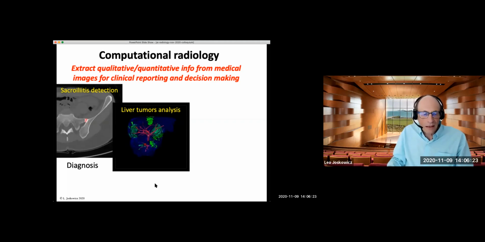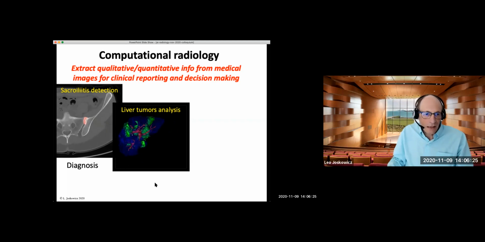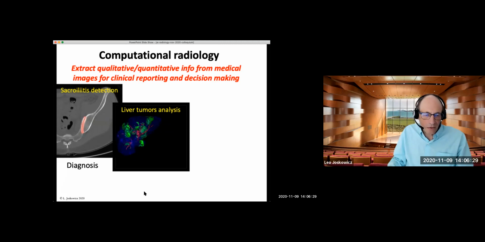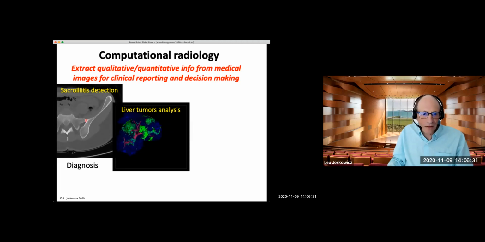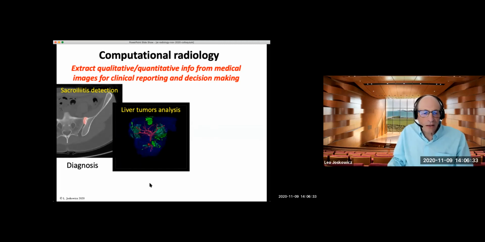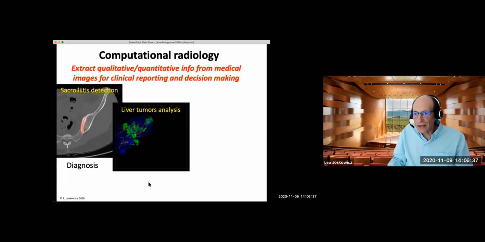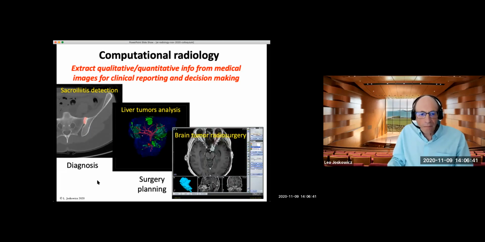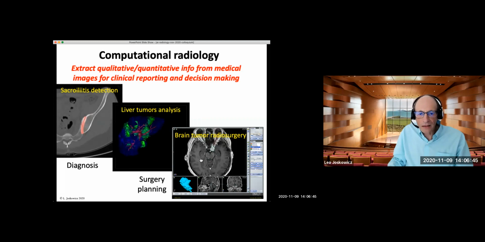You see in red the blood vessels, in dark blue the liver contour, and in green the tumors themselves. And the purpose here is to understand where are the tumors with respect to the blood vessels and what kind of treatment can be taken. A third example would be surgery planning. This is an MRI image of a brain. This is the axial slides.